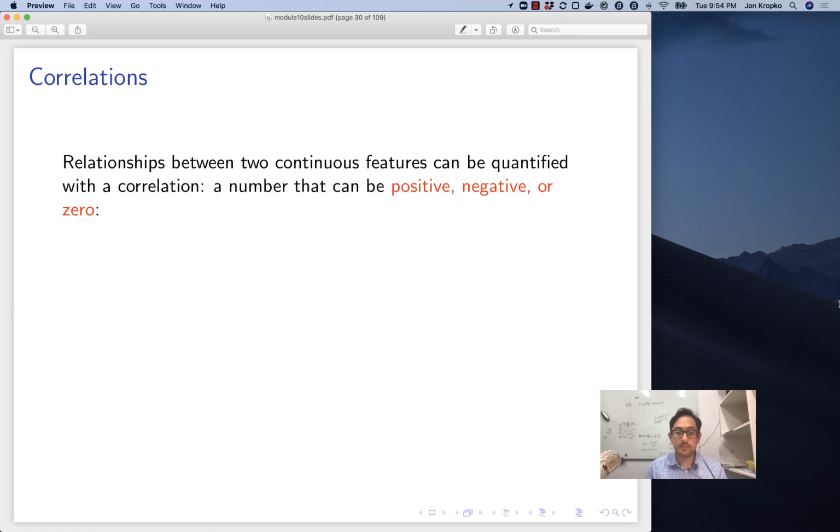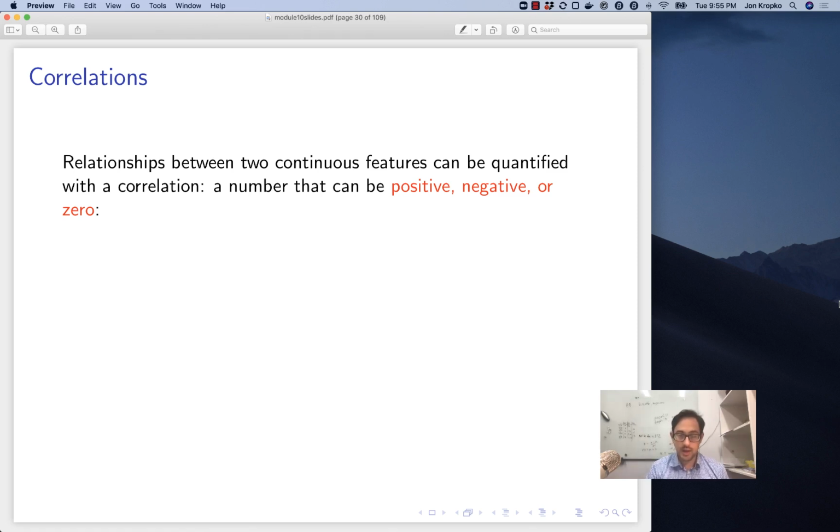Okay, the next several methods we need to discuss deal with characterizing a relationship in the data. So we have all of these features, and we want to know how features relate to one another. The first thing we can do is calculate a correlation. If we have two features that are continuously valued, then we can quantify that relationship with the correlation.